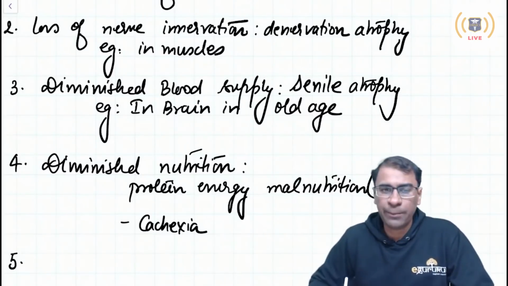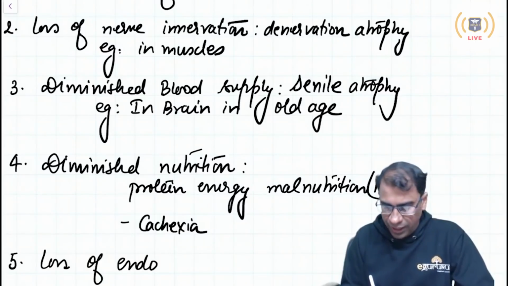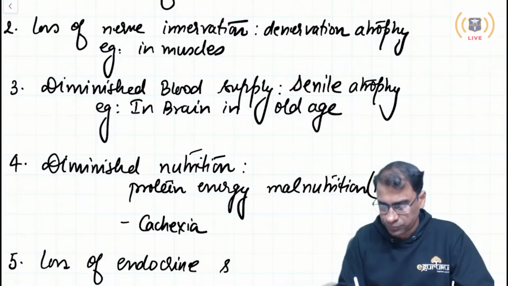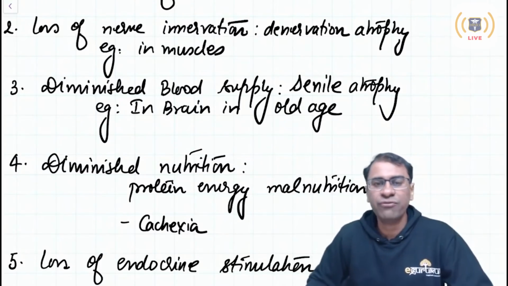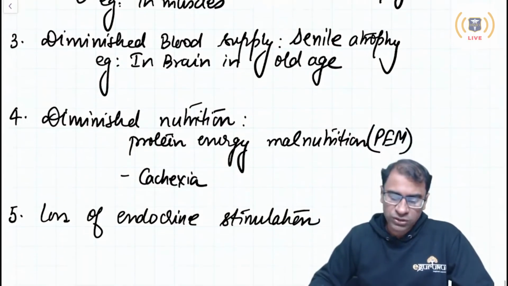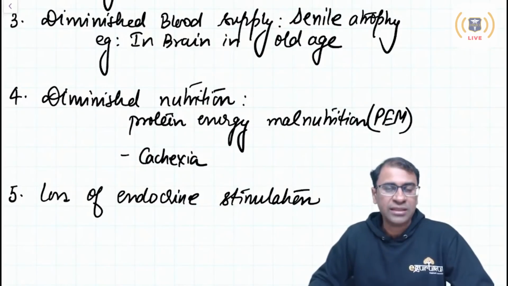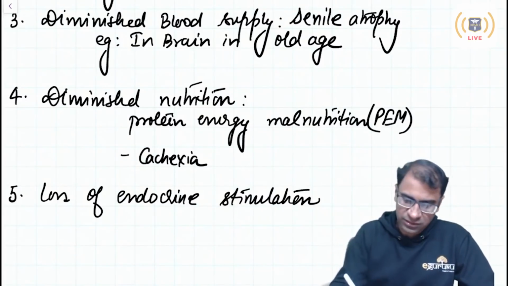The fifth example where you see this is loss of endocrine stimulation. For example, after menopause, the estrogen amount decreases. Let's write it down.